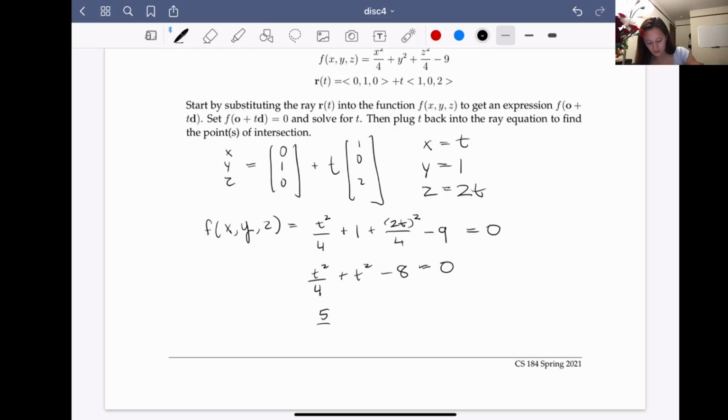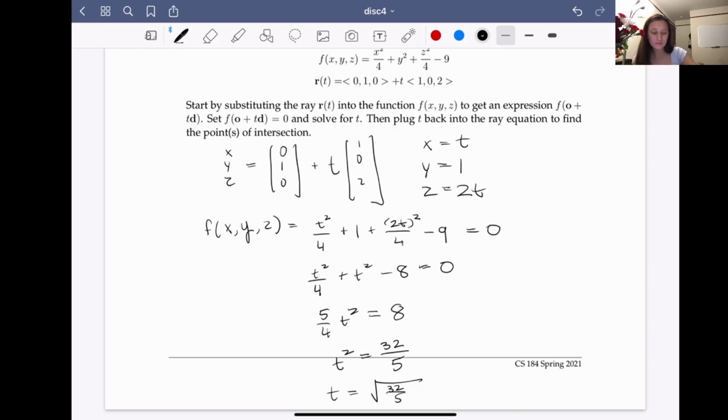And then we have 5/4 t squared equals 8. And then t squared equals that. And then we'll find out that t equals the square root of 32/5.